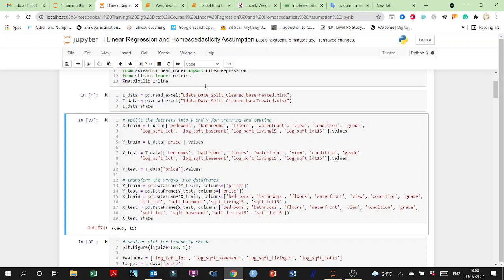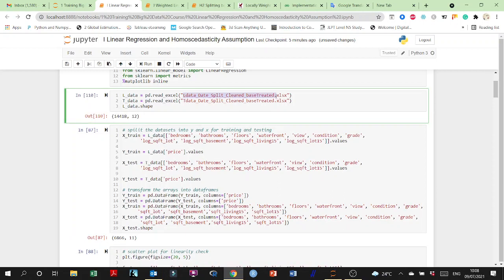So here we're reading the data sets, and make sure that you're reading the data sets after you treated the basement. Remember that the exported Excel sheets from the previous step were having problems with the basement. We have the integer not found, and then we needed to fix that with a 0.